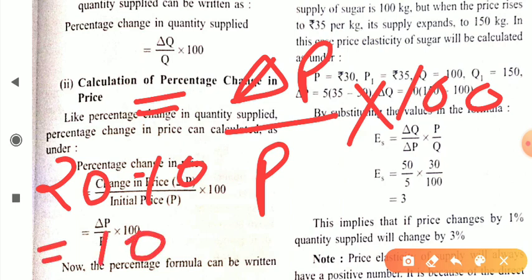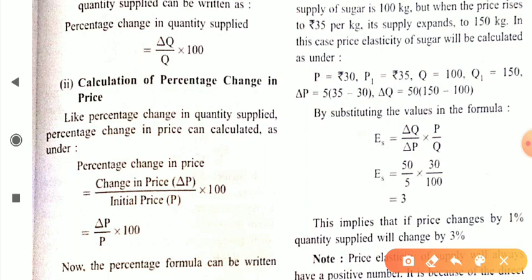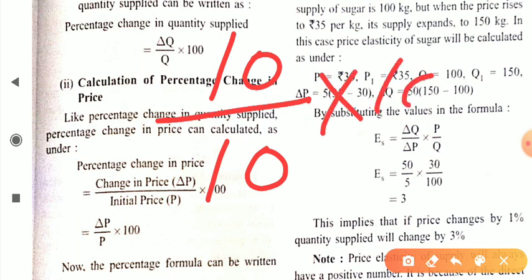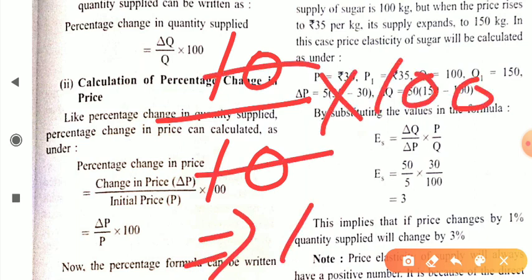By putting in the values, delta P divided by price, which is 10, into 100, you can find that the percentage change in price is 100% in your case.